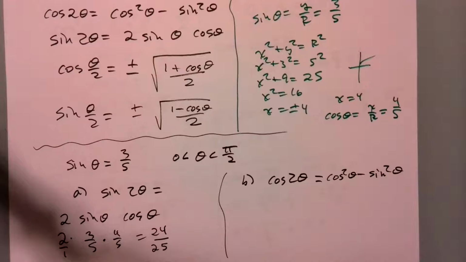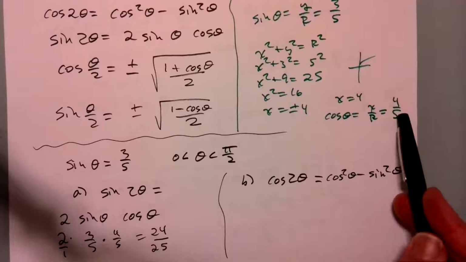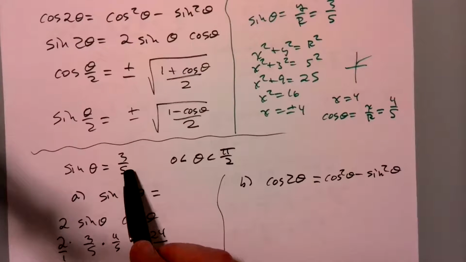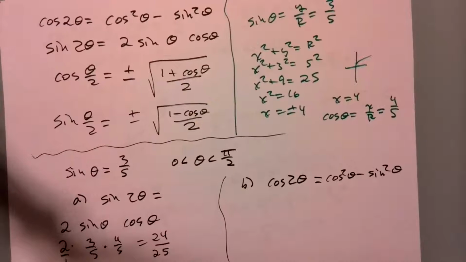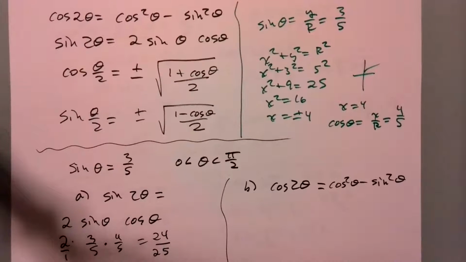Cos 2 theta, cos squared theta minus sine squared theta. Cosine is 4/5. Sine is 3/5. Who's going to be brave and give me an answer? I know it's tough to be brave when your name is connected to it. Let's see if you can do it. Be brave.